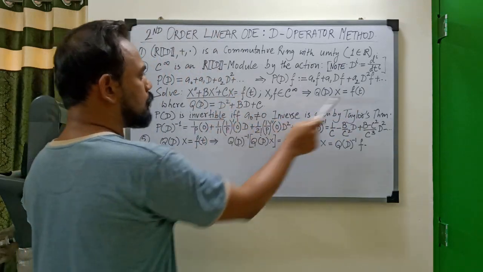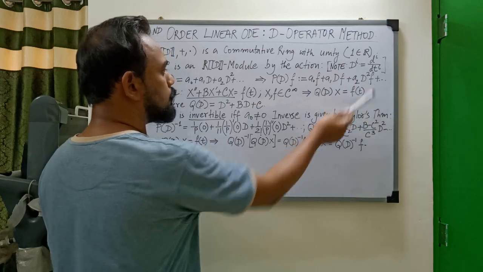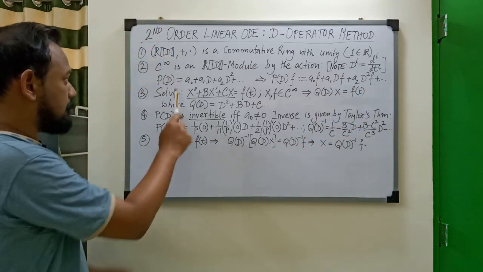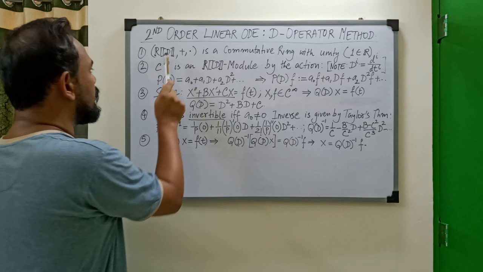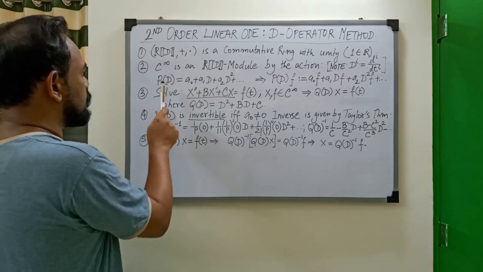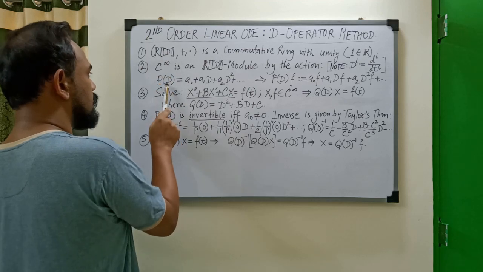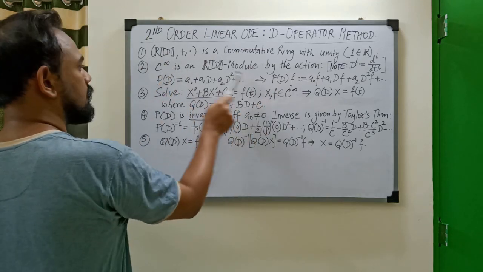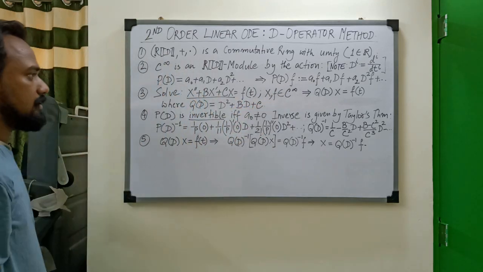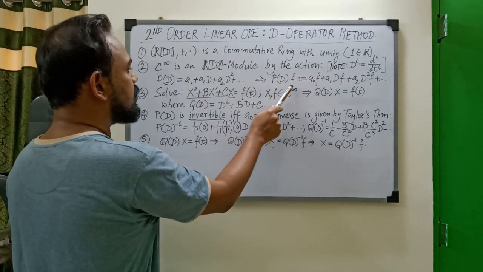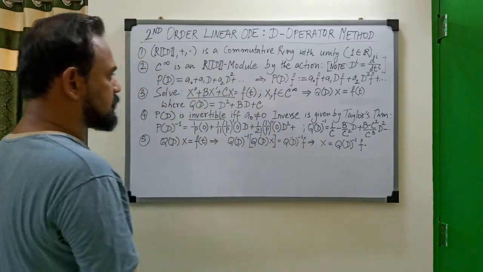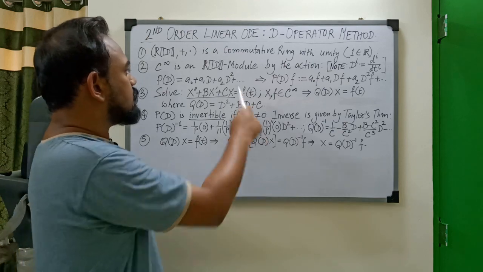Similarly, a2 D squared would double differentiate the function f, and a2 would just multiply it. So the action of R[D] on C infinity was really a term by term action of an element of R[D] on an element of C infinity. P(D) is the element of R[D], f is the element of C infinity, and it turned out to be a module.